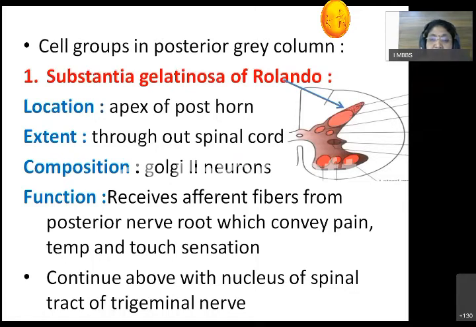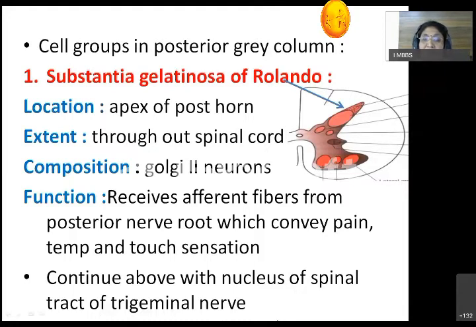So pain, temperature and touch sensation is conveyed to higher centers through substantia gelatinosa. And above the spinal cord, this substantia gelatinosa continues as the nucleus of spinal tract of trigeminal nerve.